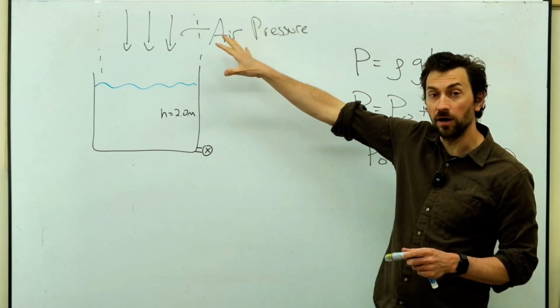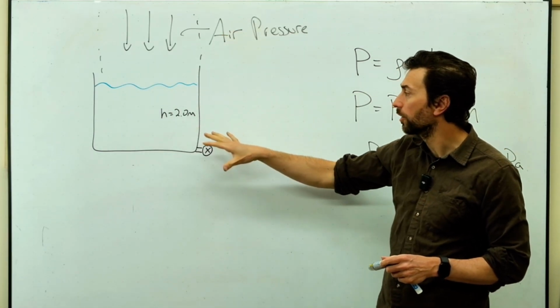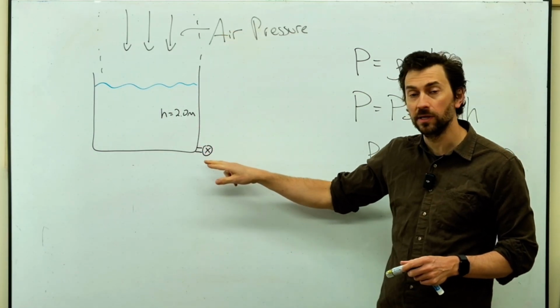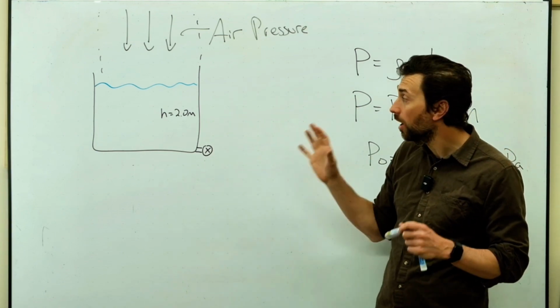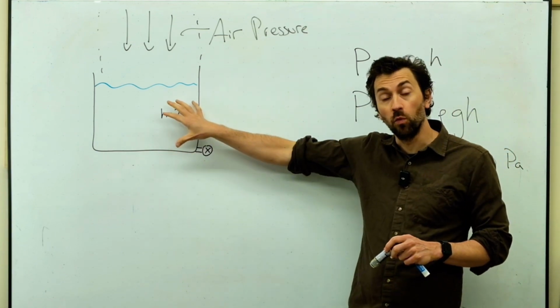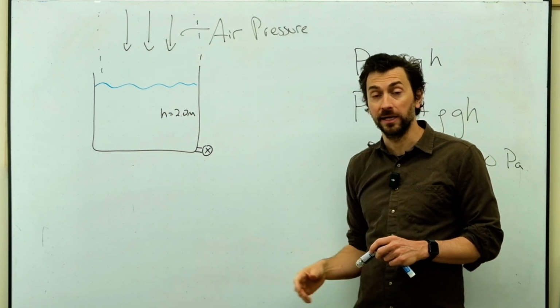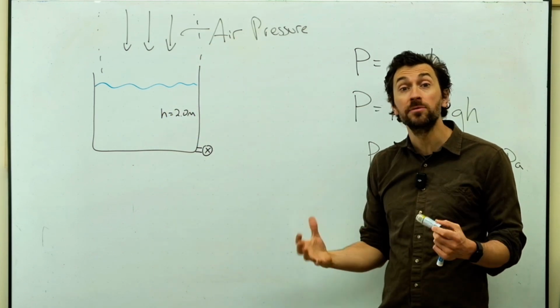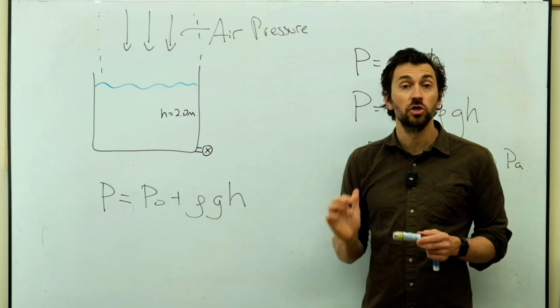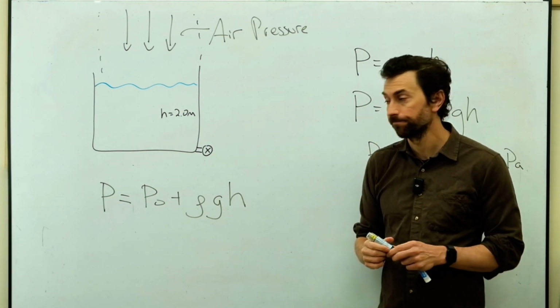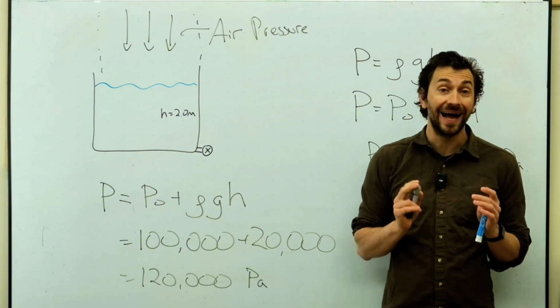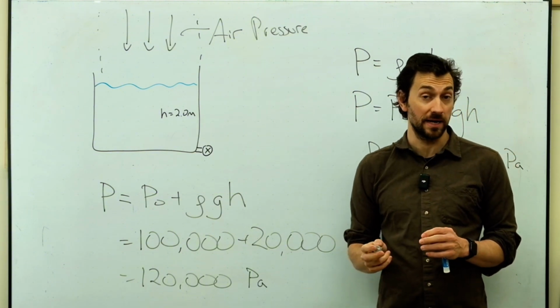So all that air is pressing down on the water. So the pressure down here, absolutely, totally, is going to be a combination of the pressure of the water weight and the air weight down there. So what's the absolute pressure? So we have P naught plus rho gh, and we plug some numbers in. The absolute pressure is going to be 120,000 pascals.